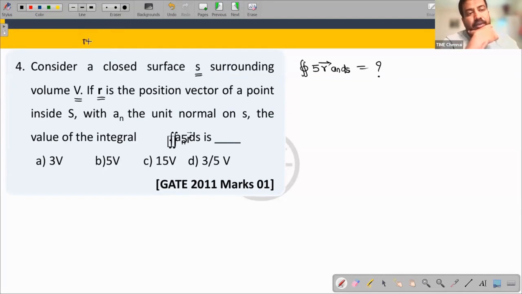This is a problem related to divergence theorem. The hint is that this is a problem related to divergence theorem. Solve it.